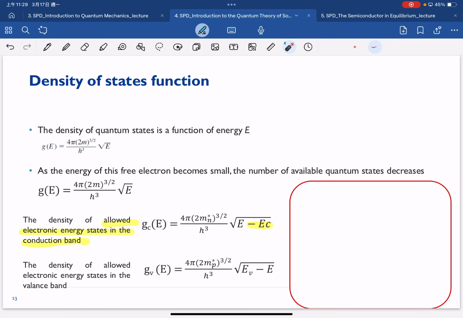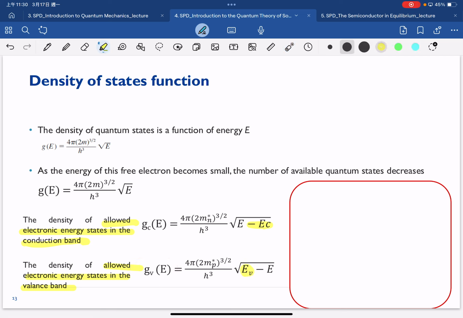And the density of allowed energy states in the valence band can be expressed by this function, with this GV, as a function of EV minus E.